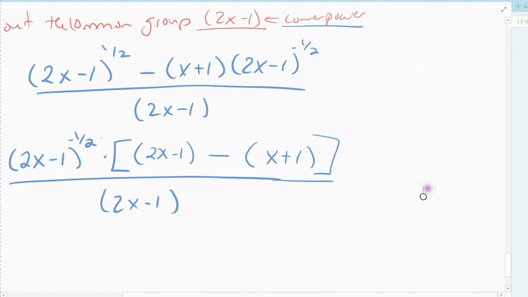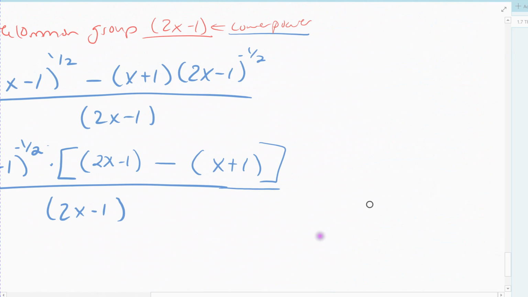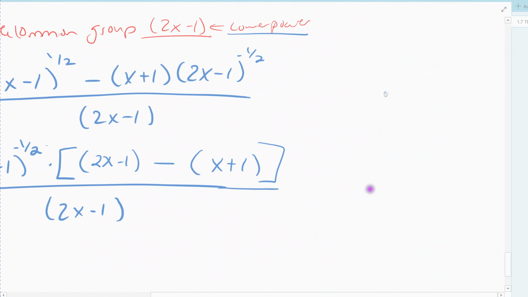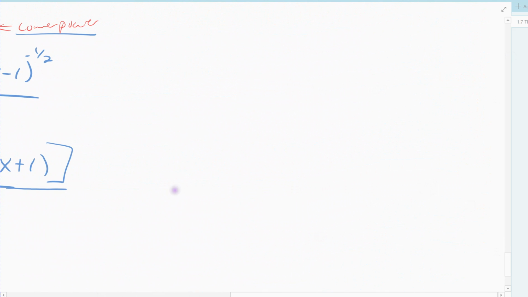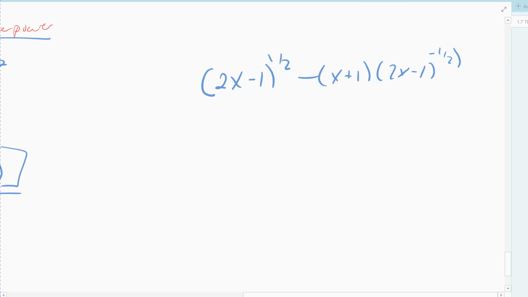Another way, and I'll kind of go over, just explain this a little bit better over here. So this is sort of off to the side work to kind of explain how this is happening. When we're factoring, so up top I had that 2x minus 1 to the 1 half minus x plus 1, 2x minus 1 to the negative 1 half. When we're factoring, what we're literally doing is dividing out.